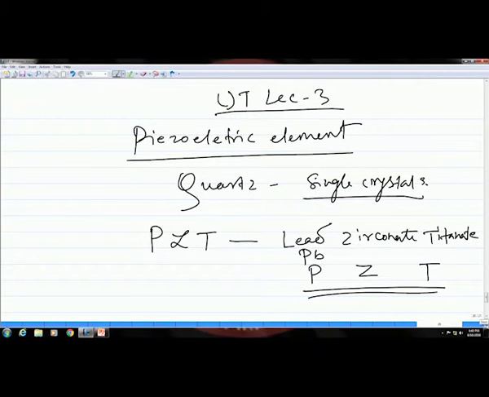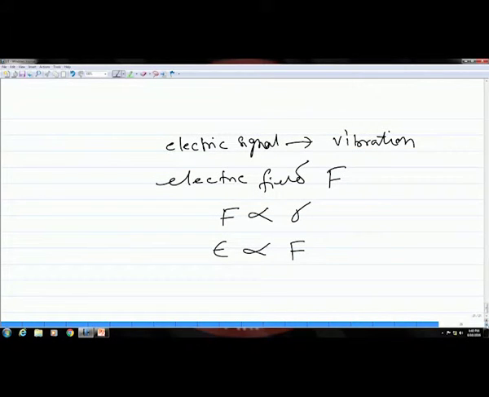So, let us see what are those parameters in a piezoelectric element which control the mechanical vibrations. As I said, you supply an electrical signal and that is converted into mechanical vibration.